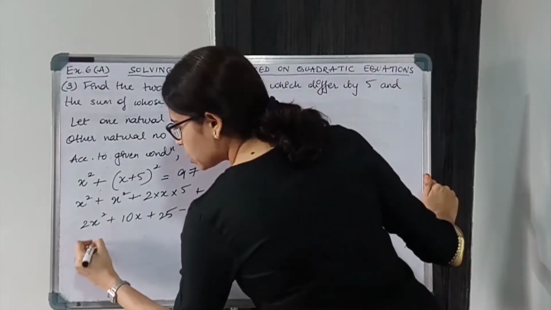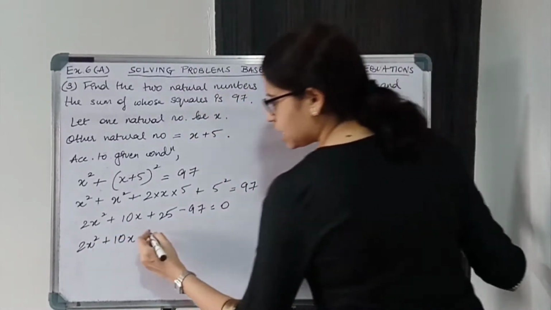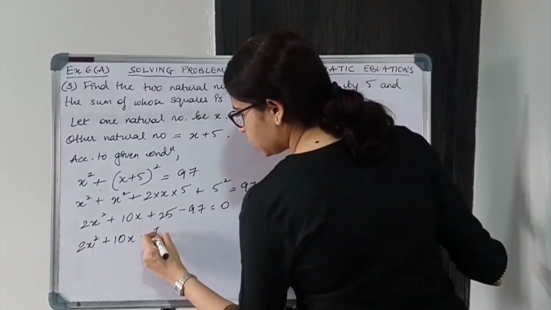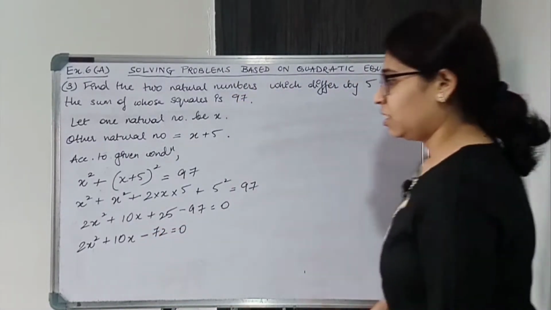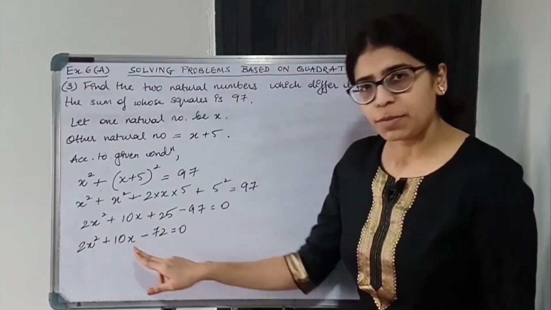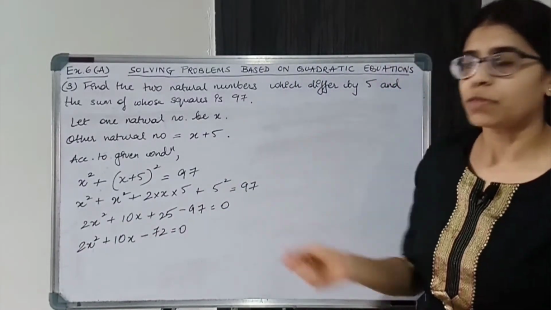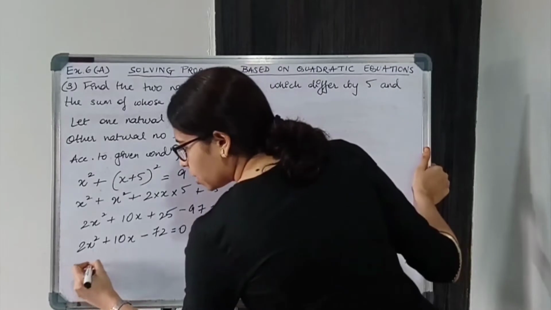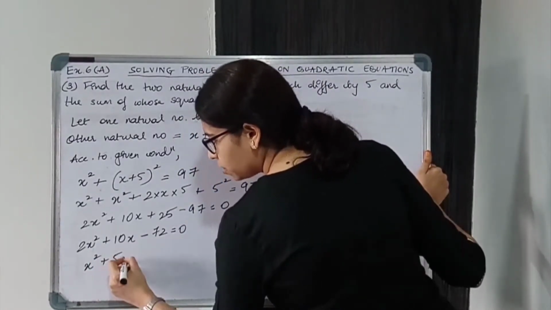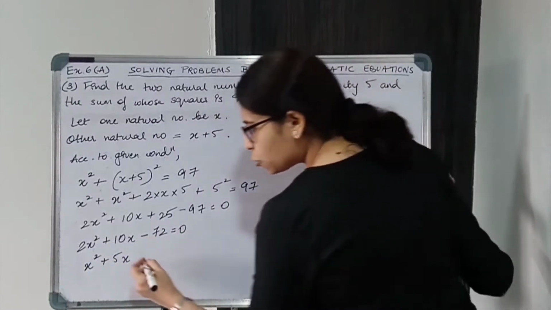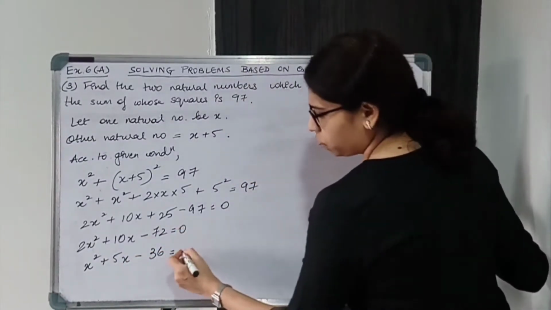So 2x square plus 10x plus 25 minus 97, that will give you minus 72. Now this is divisible by 2, this is divisible by 2, this is divisible by 2. So let's divide the entire equation by 2. So 2x square becomes x square, 10 divided by 2 is 5, 72 divided by 2 is 36, and 0 divided by 2 is 0.